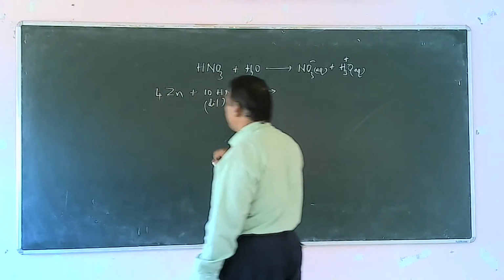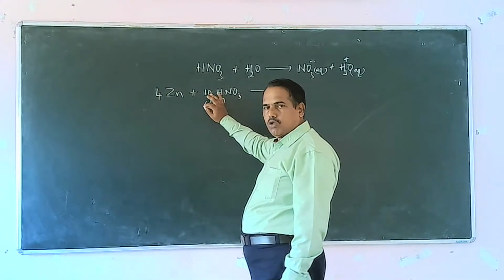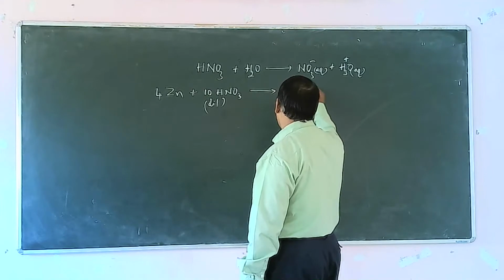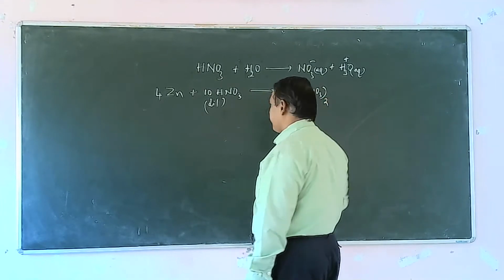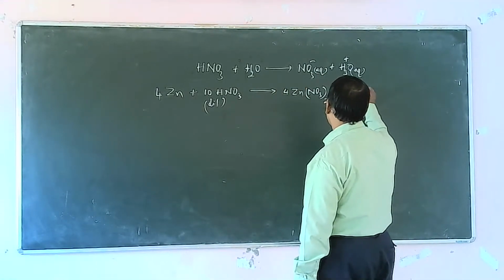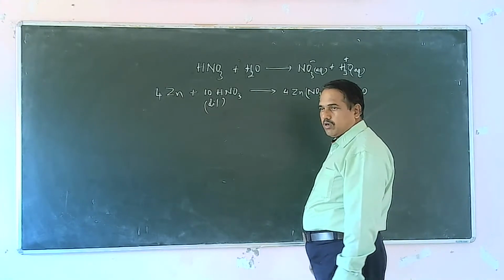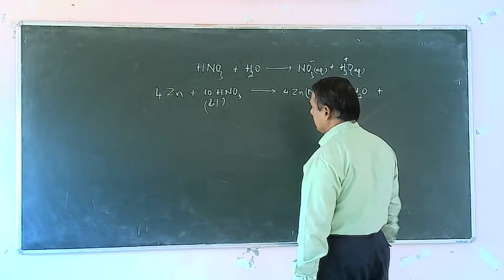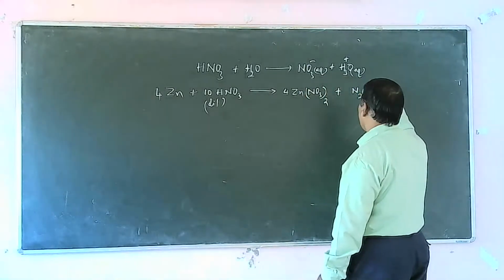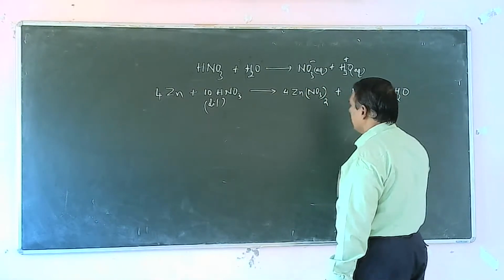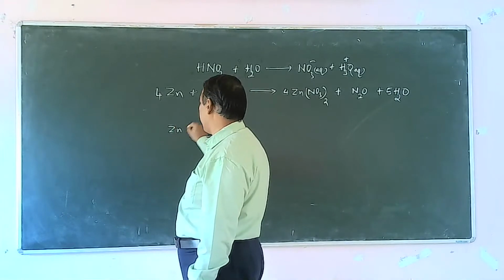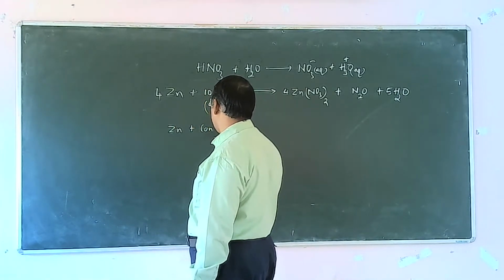You can balance it: 4 atoms of zinc react with 10 molecules of nitric acid, and you will get 4 Zn(NO3)2, zinc nitrate, and N2O, which is dinitrogen oxide, and we shall balance it. So it is N2O, and then 5H2O.